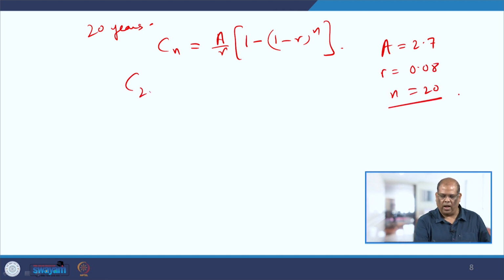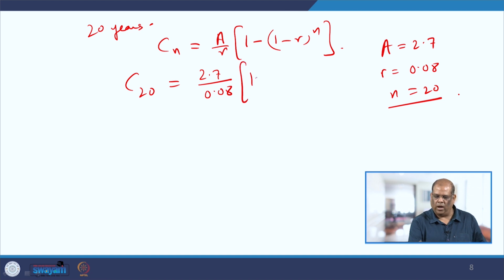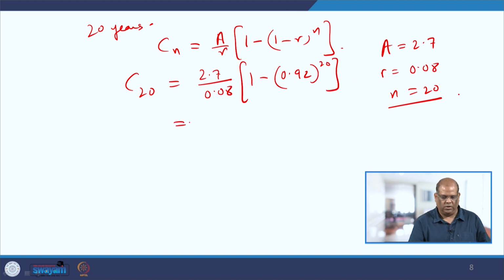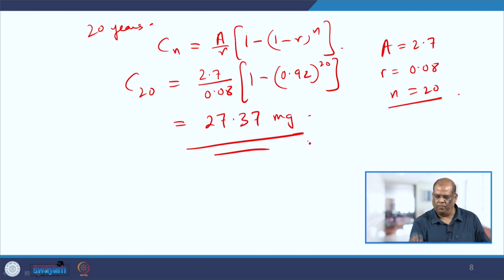So you want to calculate the amount of cadmium after 20 years. You just plug in these values and you get 1 minus 0.92 to the power 20. And if you simplify, you will be approximately getting 27.37 mg of cadmium.